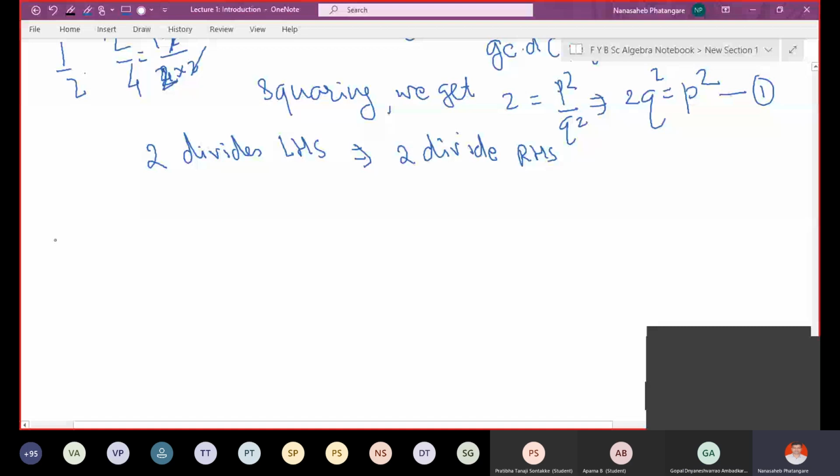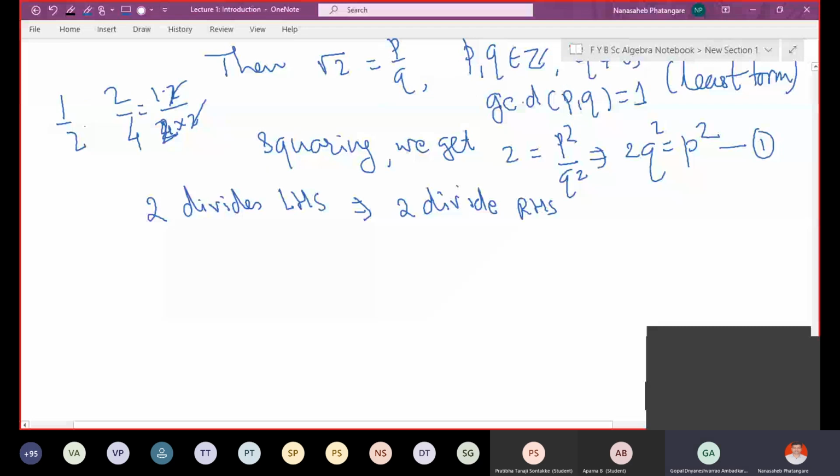So 2 is a factor of the left hand side. The left hand side is the same as the right hand side, and therefore 2 is a factor of the RHS, so that 2 divides p square.